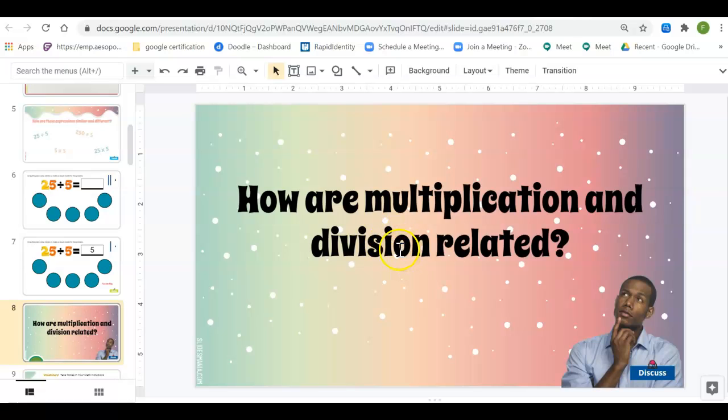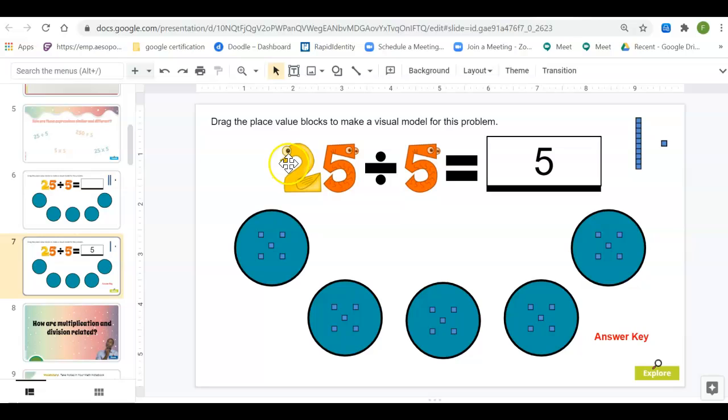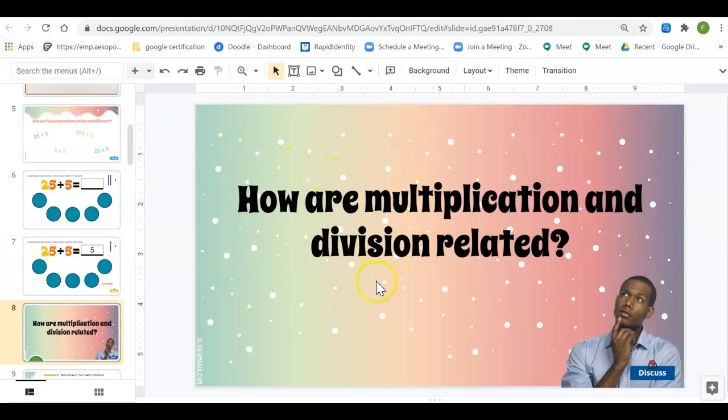They undo each other, or they are opposites of each other. 25 divided by 5, the answer was 5, as we proved on the last slide here. But if we took 5 and we multiplied 5 times 5, we also would get 25. And those are inverse operations of each other.